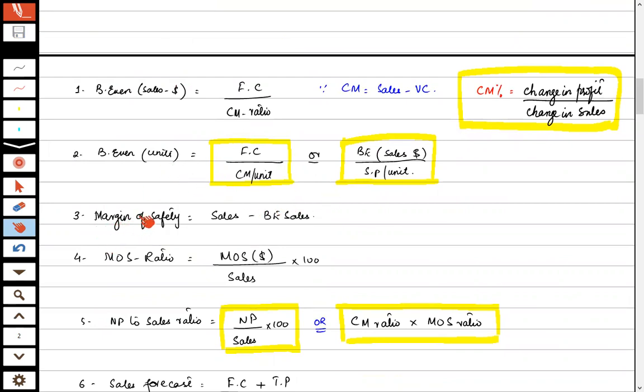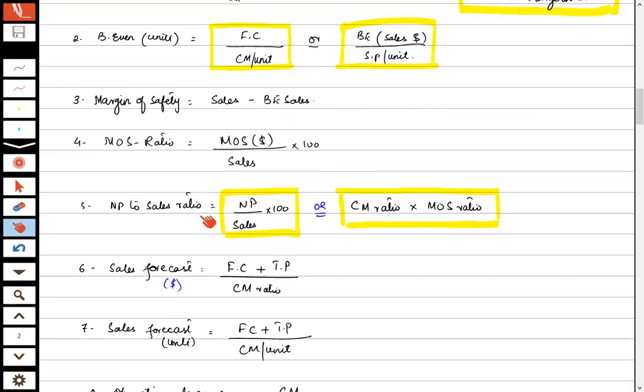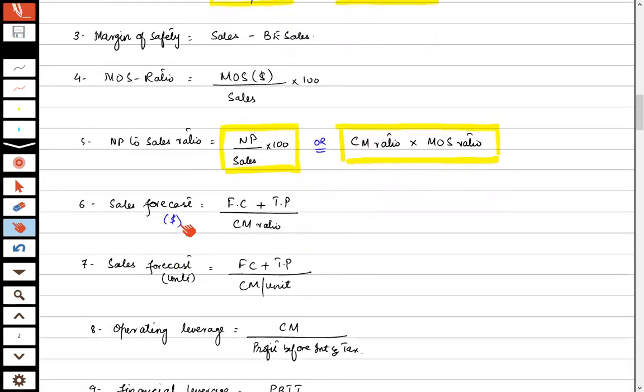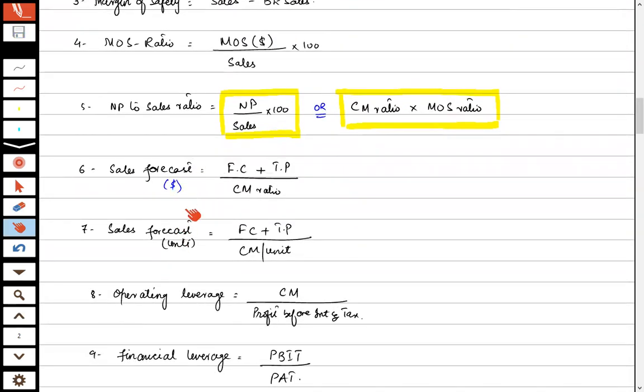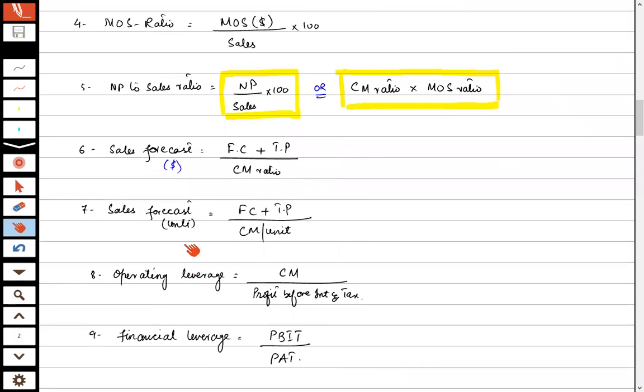Then CM ratio, from this simple formula, CM divided by sales, CM per unit, then margin of safety ratio, net profit to sales ratio, then sales forecast when target profit is 200,000, and sales forecast in units when the target profit is 200,000.